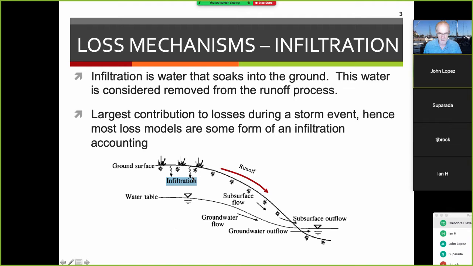So if there's infiltration here and a portion of the infiltrated water flows beneath the surface but above the water table and eventually reemerges in a surface water conduit, that is runoff, but it's a different type of runoff.